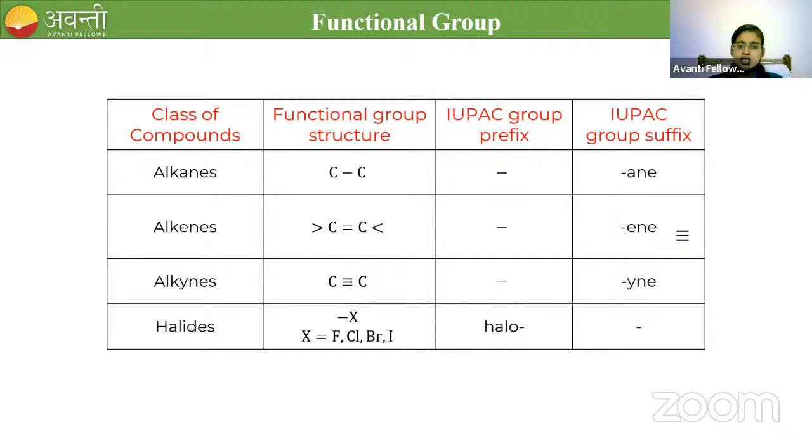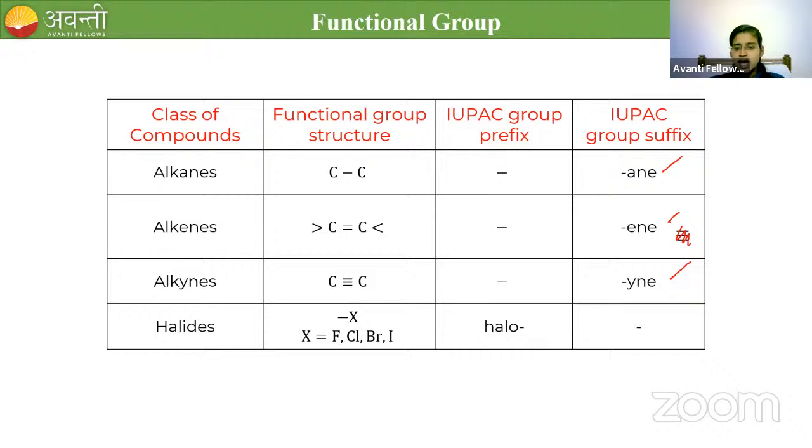The next one after nitro group is alkane. Alkane means you all know carbon-carbon single bond containing compounds, right? So there is no prefix for alkane, alkene and alkyne. Only suffix ANE, ENE, YNE. So double bond and triple bond. Lastly, we have halide. So halogens: fluorine, chlorine, bromine and iodine.